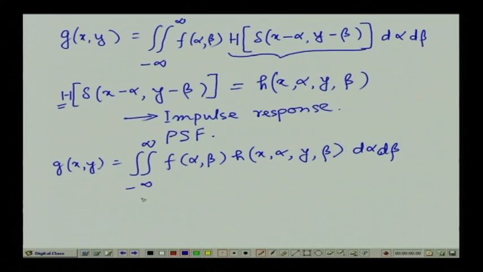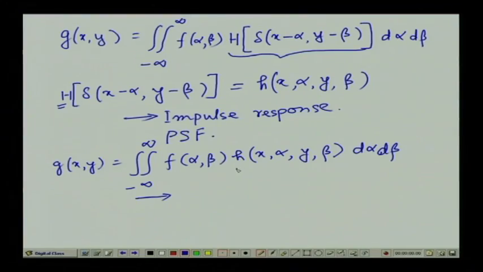And this is what is popularly known as the superposition integral of the first kind. Now, this particular expression is very important. It simply says that if the impulse response of the operator h is known, then it is possible to find out the response of this operator h to any arbitrary input f(alpha, beta).